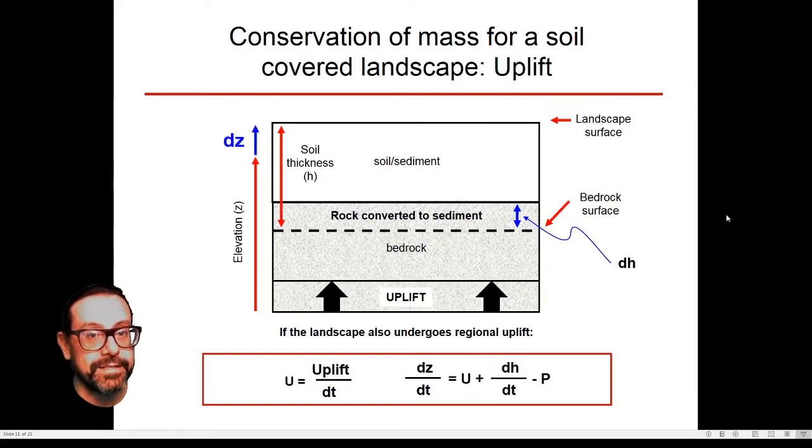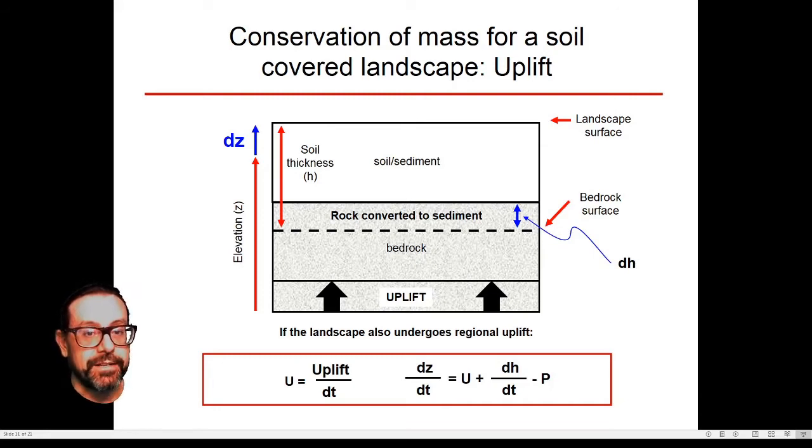Now, that's not always the case, because we can introduce other processes that unbalance that equation and make the change in landscape elevation with respect to time not zero. And so one of the things we can introduce here is the uplift rate of that very simple landscape element.